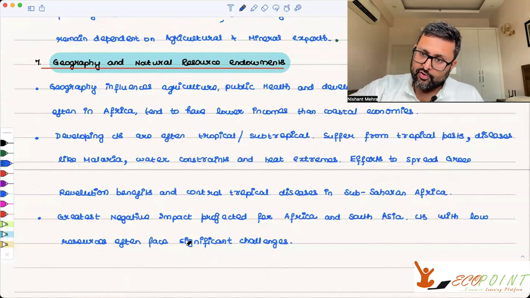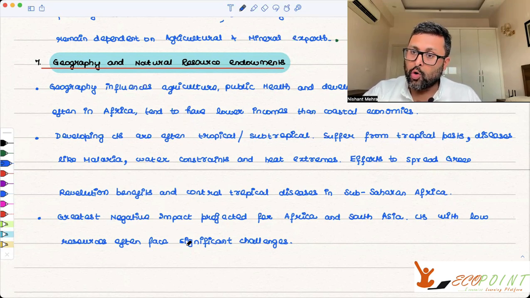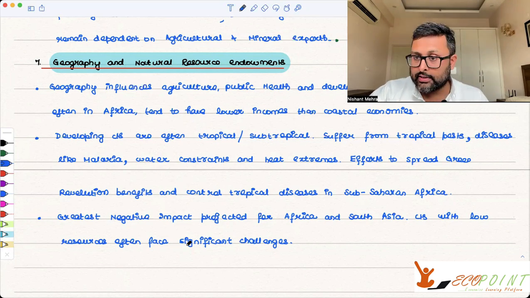And then they say that if you look at resource endowments, they are going to be very different from one developing country to another. You have some of the very rich oil resource countries in the Middle East. And on the other hand, you have very resource-poor countries like Chad, like Yemen, like Haiti. So there are differences.